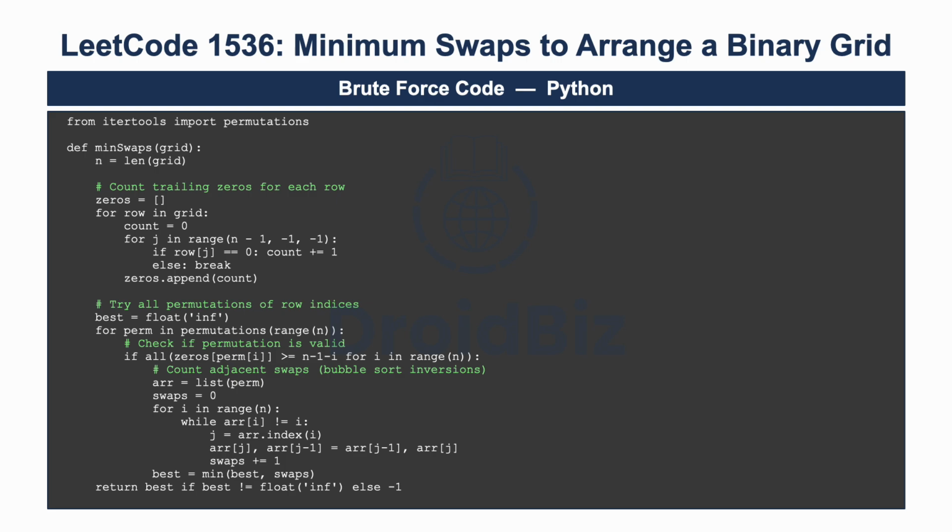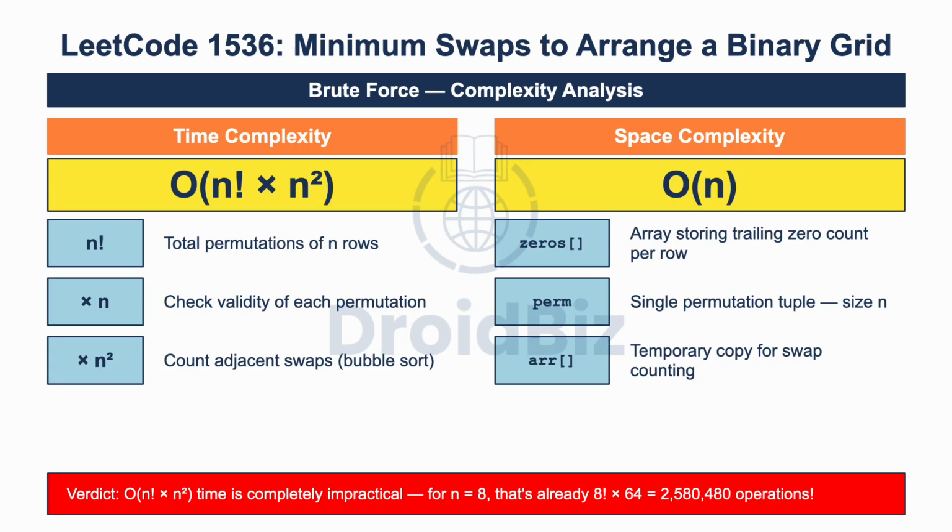Let's now look at the time and space complexity to confirm. Let's analyze the complexity of the brute force solution. Starting with time complexity, the dominant cost is n factorial, the number of permutations we generate. For each permutation, we spend O(n) time to check if it is valid.